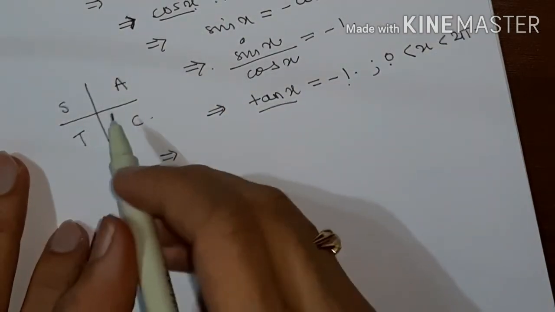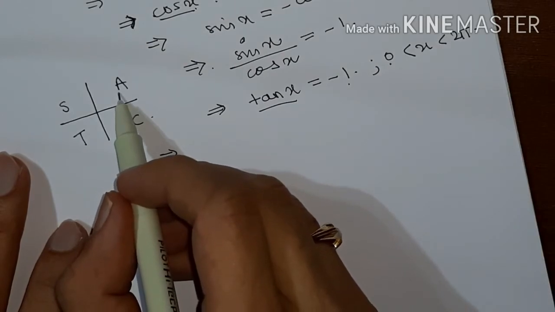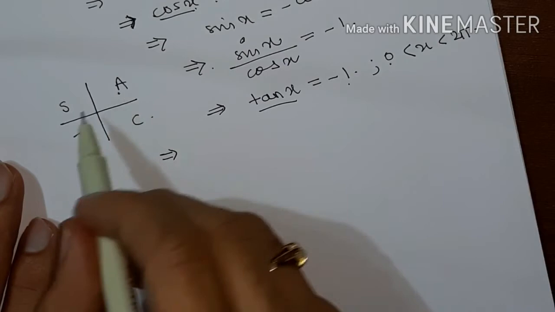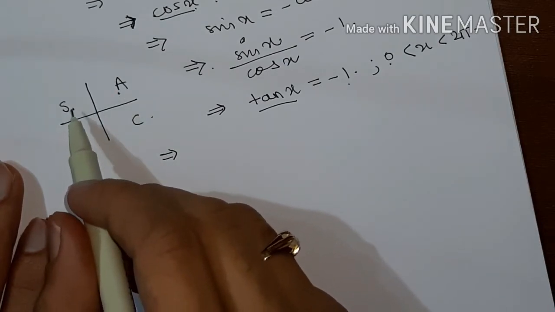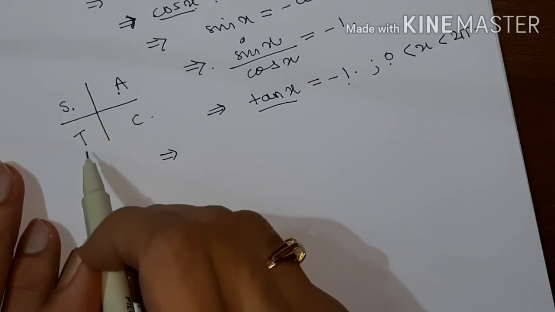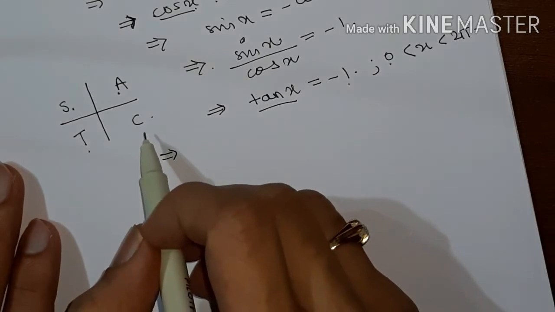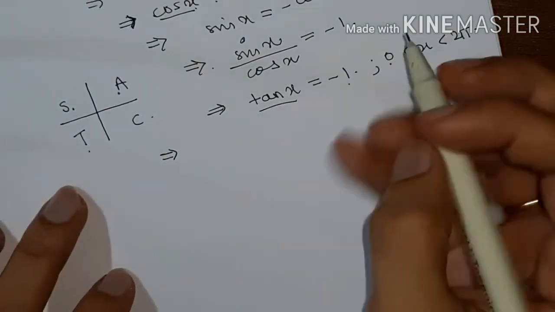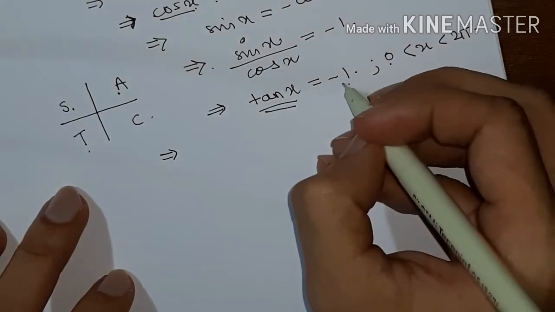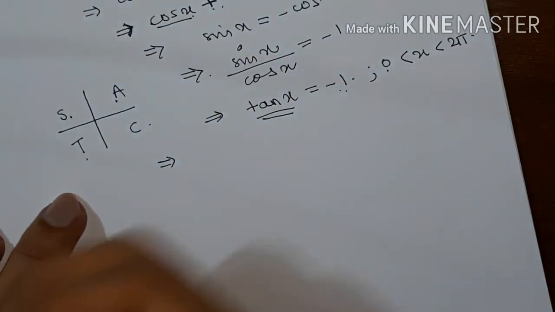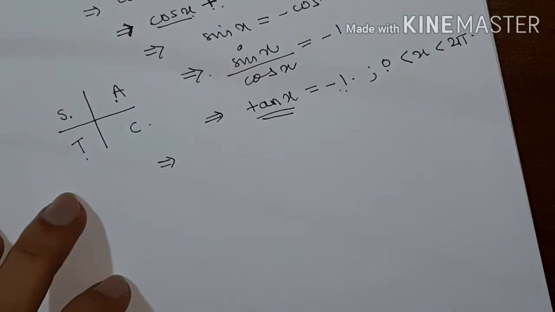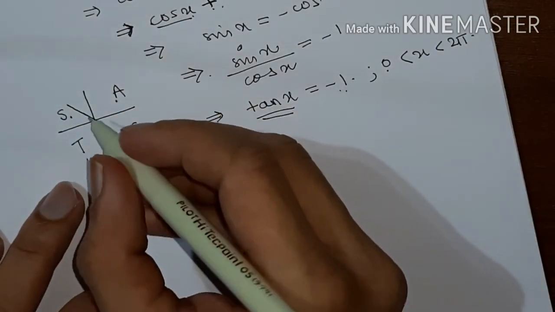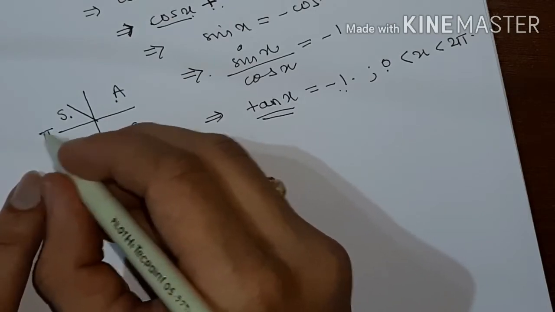That means all trigonometric ratios are positive in the first. Sin is positive here, okay. Then tan is positive here, and here cos is positive, right? We have to look at the value of tan which is negative. So which quadrant you can take first? Go to the second quadrant, okay. This is pi, no?